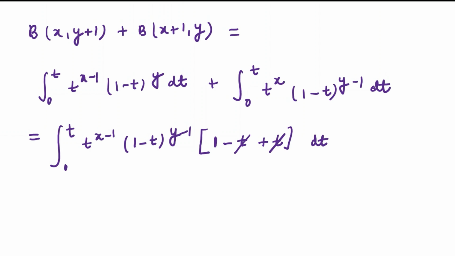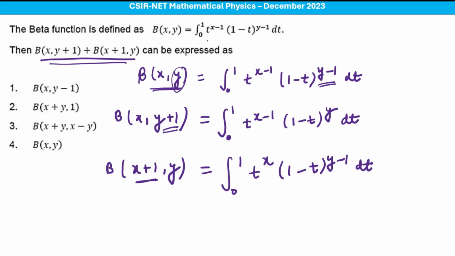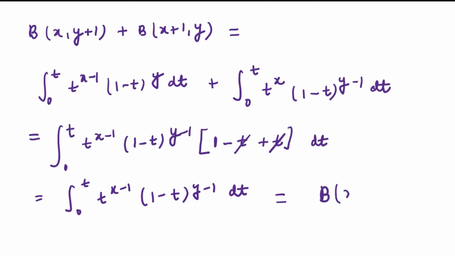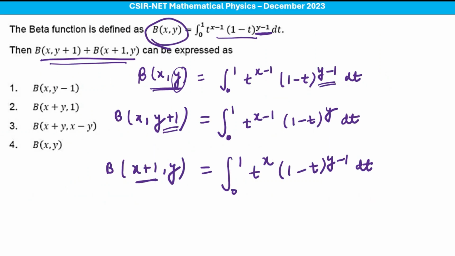T and minus t will cancel out each other, and the form we have is t^(x-1) (1-t)^(y-1) dt. Now see here, what is this? This is the beta function B(x, y). So the answer will be B(x, y).